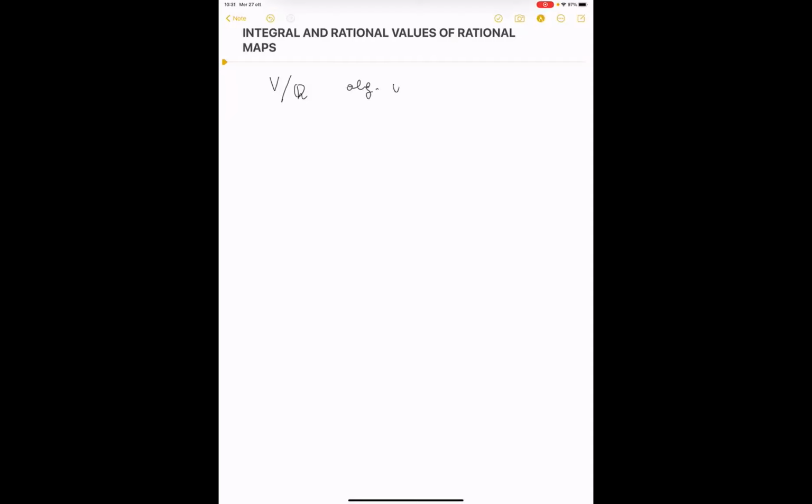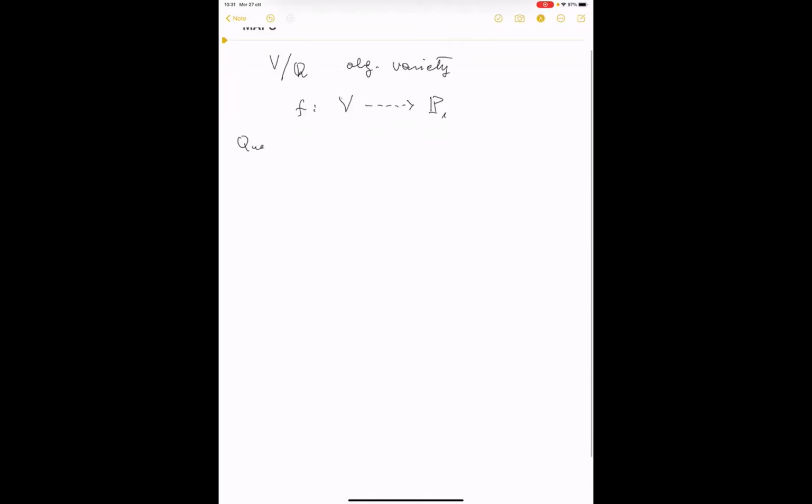And now we take a rational map, a rational function, just to P1. And the question to be discussed is how large is the image of the rational points of V inside the rational points of P1.